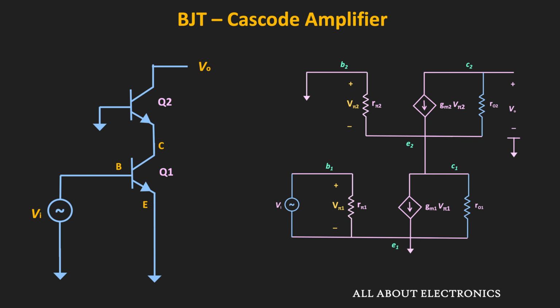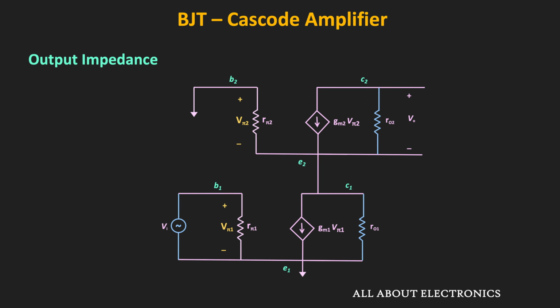To find the output impedance of this amplifier, we will apply a test voltage Vx at the output, and we will make all the independent sources in the circuit 0. In this condition, we will find the current Ix. The ratio of Vx and Ix will give us the output impedance.